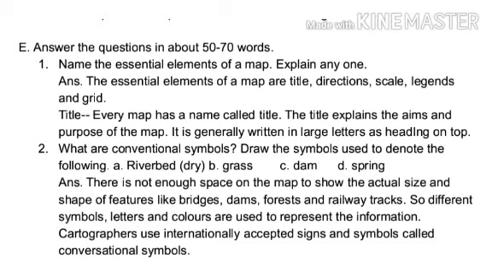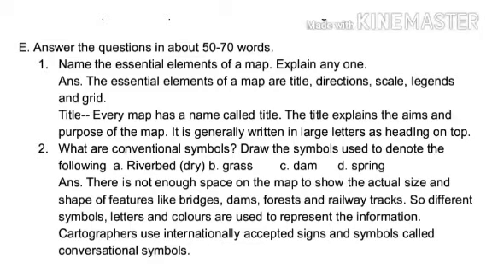Title: every map has a name called title. The title explains the aims and purpose of the map. It is generally written in large letters as a heading on top.